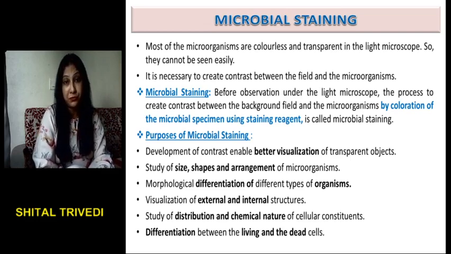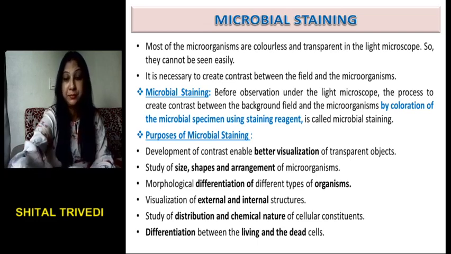We can even differentiate the type of microorganisms. For example, using the gram staining technique, we can differentiate gram-positive and gram-negative bacteria. We can identify the internal and external structure of the microorganisms. We can even differentiate living and dead cells using viable stains.